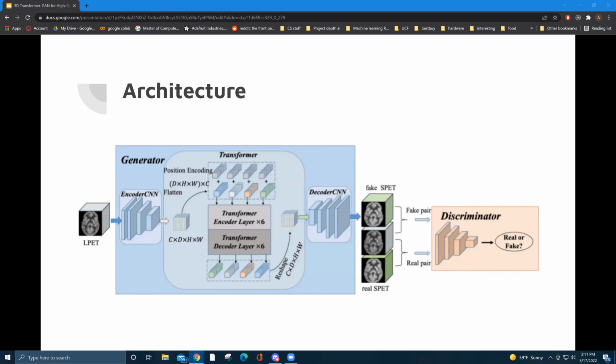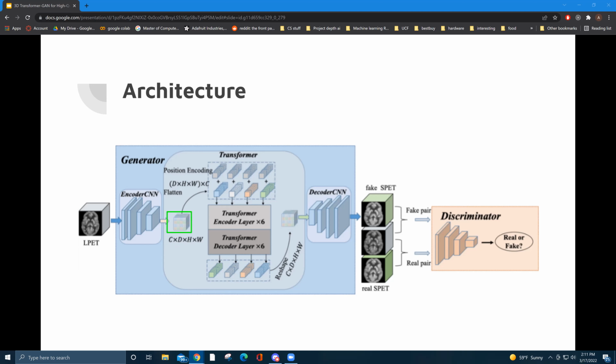An overview of how the architecture works is that you get an input of 128 by 128 by 128 pixel image, and you feed that into an encoder. The encoder then produces a learned feature representation, which has channel size, depth, height, and width.